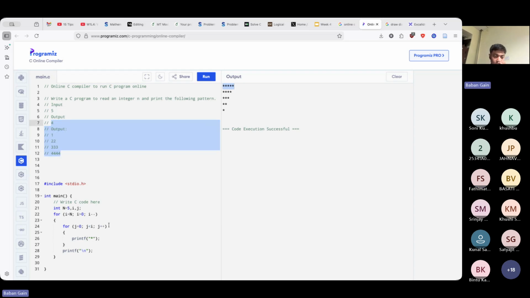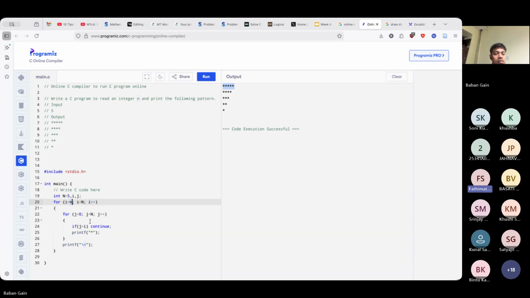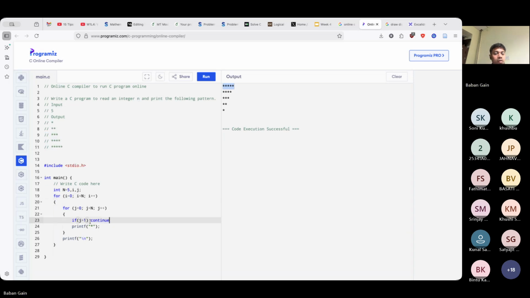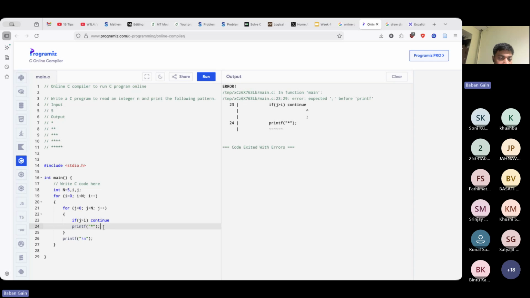Okay, so the first code was, let me undo it a little bit. I equal to 0. I think this was the first code. J greater than I was here, I think. Let me run it. Instead of printing star, we can write percentage D, comma, just I. One second, there is some error maybe here.